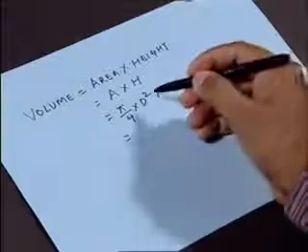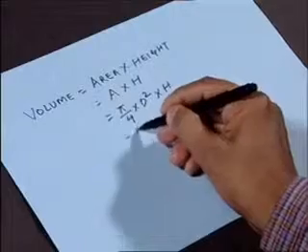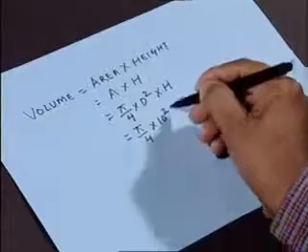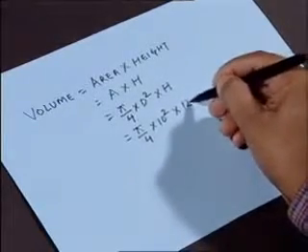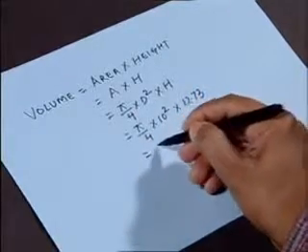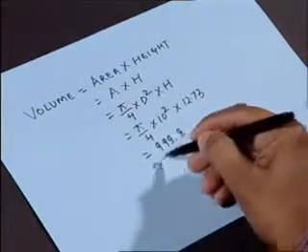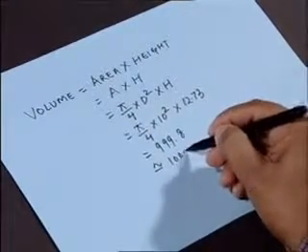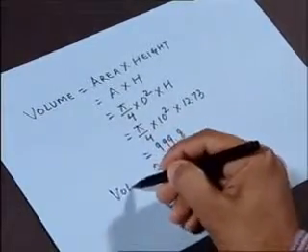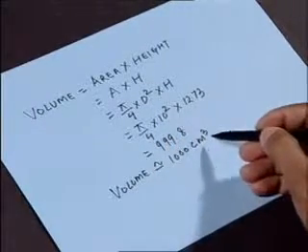By putting the values of diameter and height of the compaction mold, the volume of the compaction mold is 1000 centimeter cube.